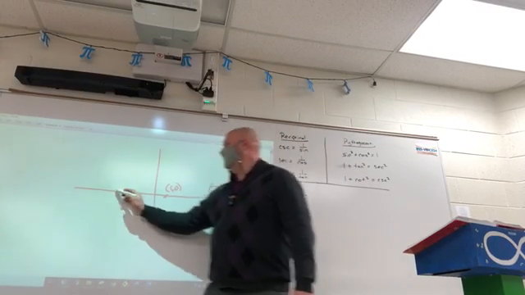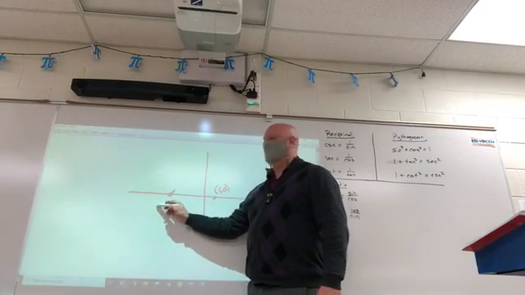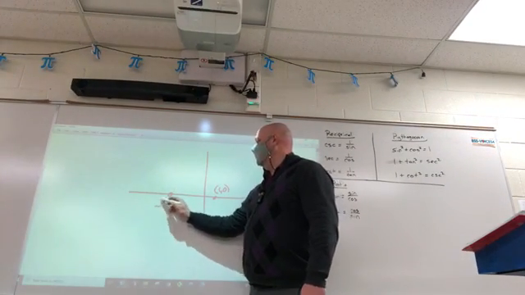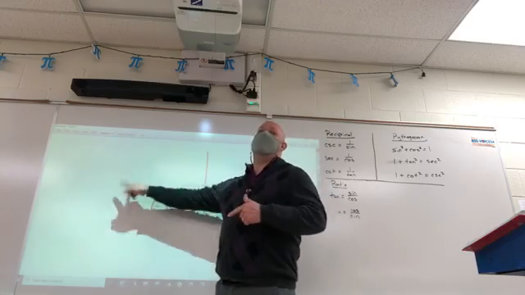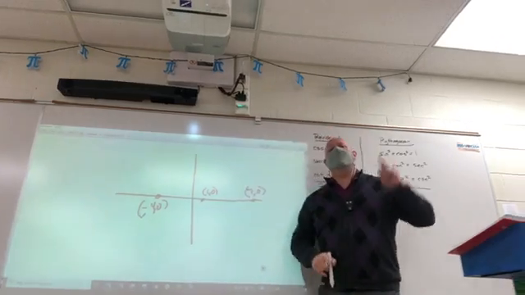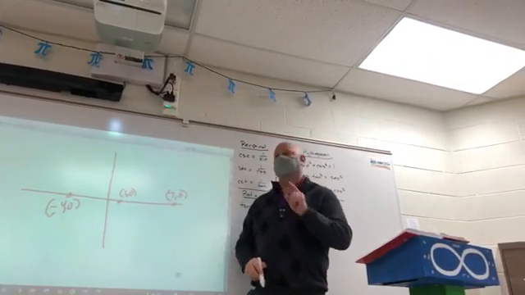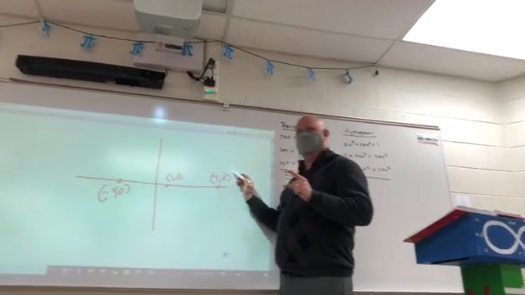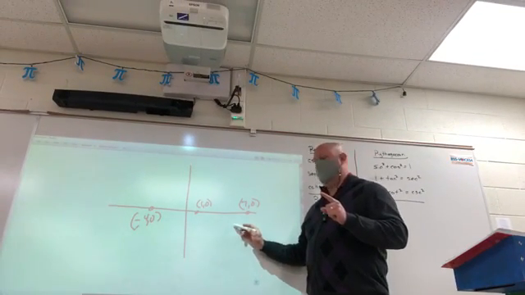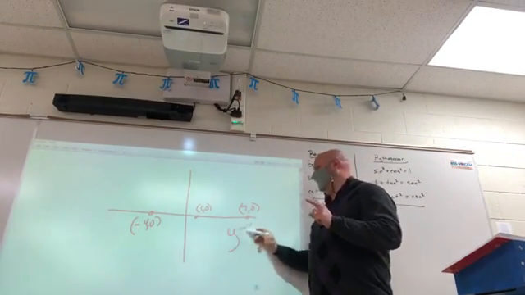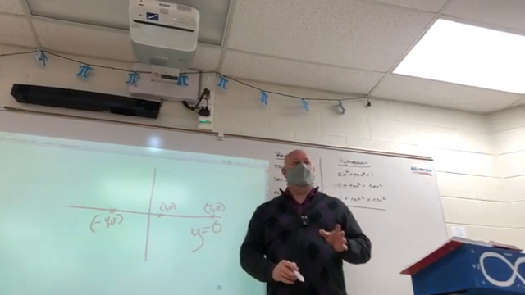What about this point over here? -4, 0. What does every single point on that line have in common? What do you mean by the 0? The y is equal to 0, right?